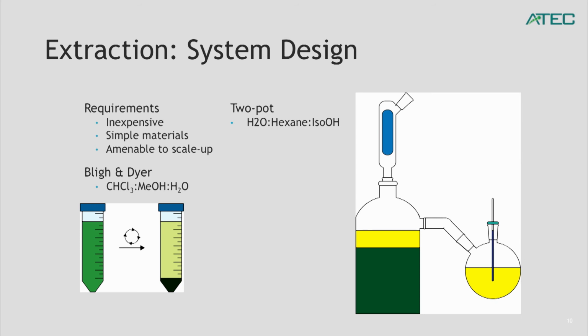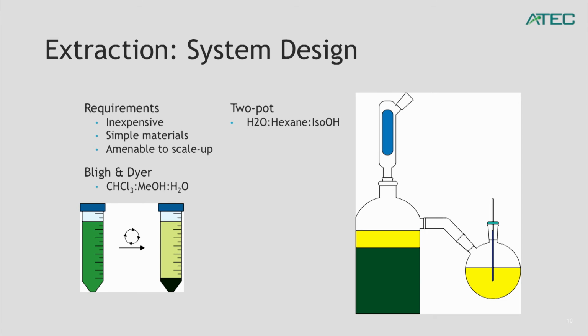two-pot methodology. And we rationalized that what we could do is add a mixture of organic solvents to our wet biomass of algae. We could heat it up, and what you see on top of the flask on the left is a condenser, where as that organic solvent begins to evaporate, it can condense back down into the pot.